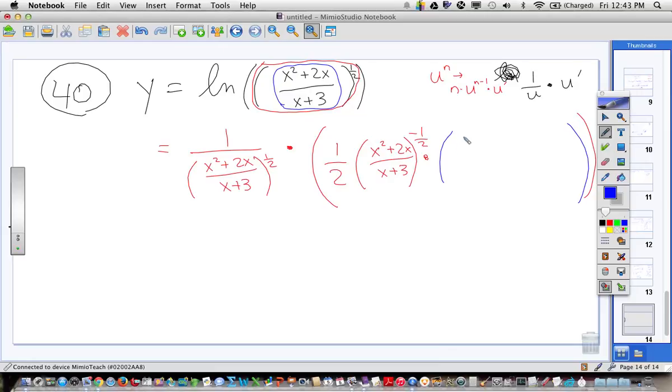So derivative of the top, that's going to need parentheses, 2x plus 2 times the bottom left alone minus, okay, the top left alone. You'll need parentheses. X squared plus 2x times 1, all over the bottom squared.